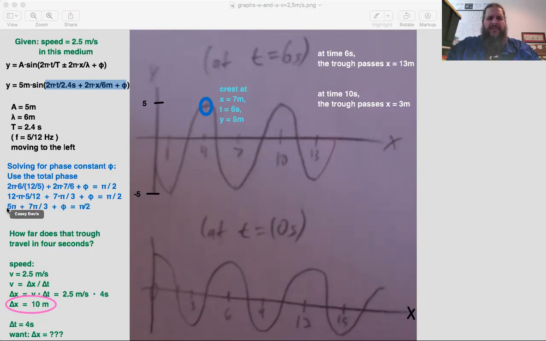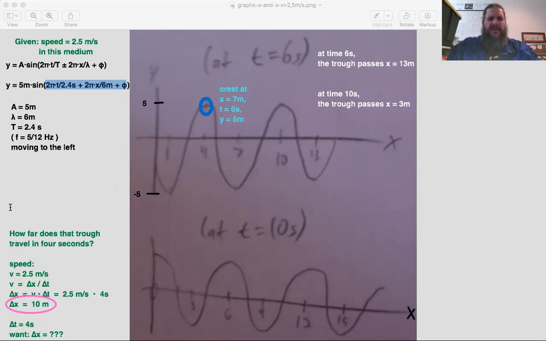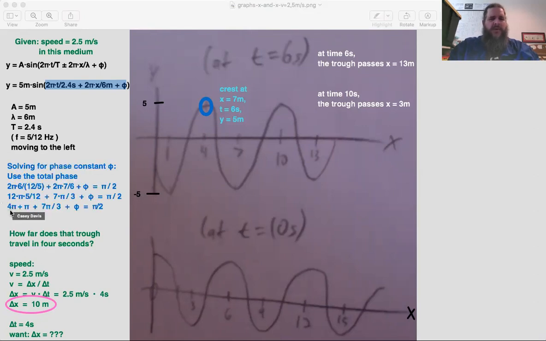Also, 5 pi, that's pretty big. If we split that up into 4 pi plus another pi, what do you know about 4 pi? How many cycles is that? Oh, is it 2 cycles? Yeah, that's exactly 2 cycles, a whole number of cycles. And any whole number of cycles can be ignored.